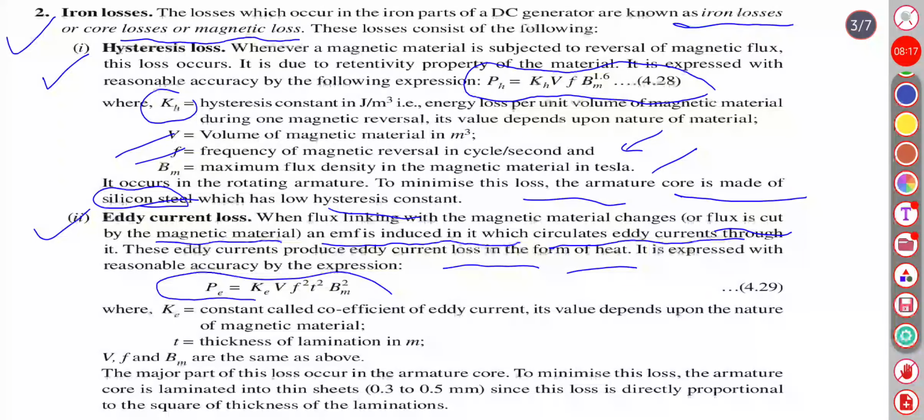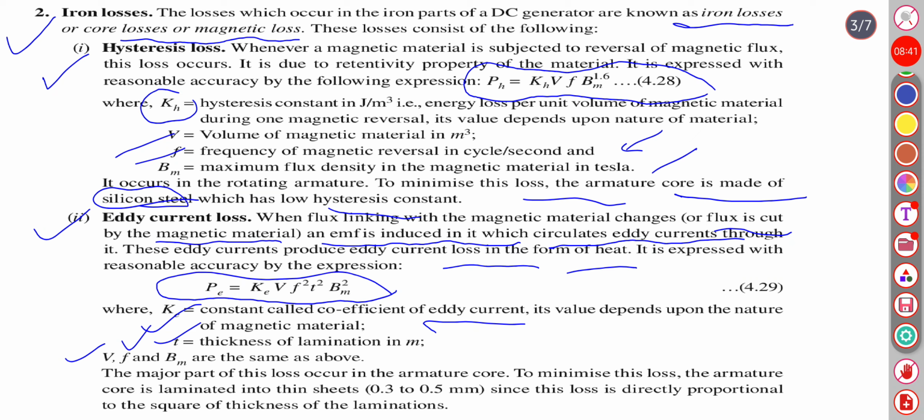Expression for eddy current loss: P_e equals K_e V f square t square B_m square. K_e is the coefficient of eddy current, t is the thickness of lamination, V is the volume, f is the frequency, and B_m is the maximum flux density.